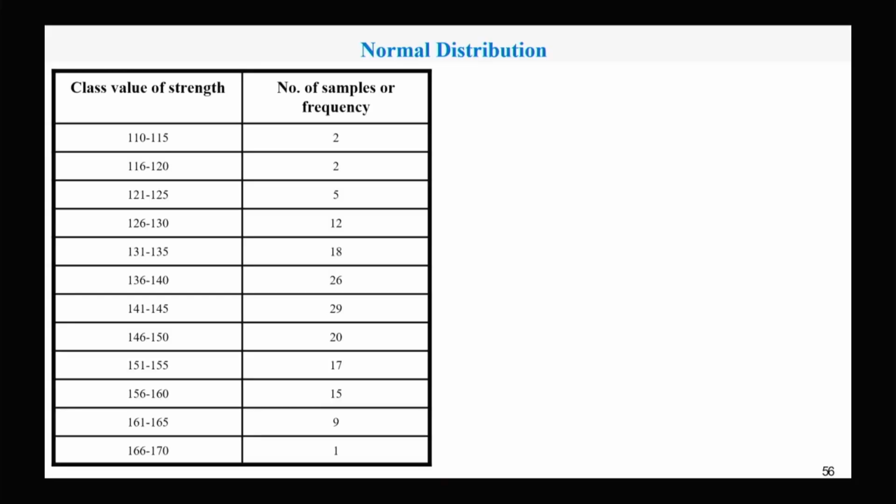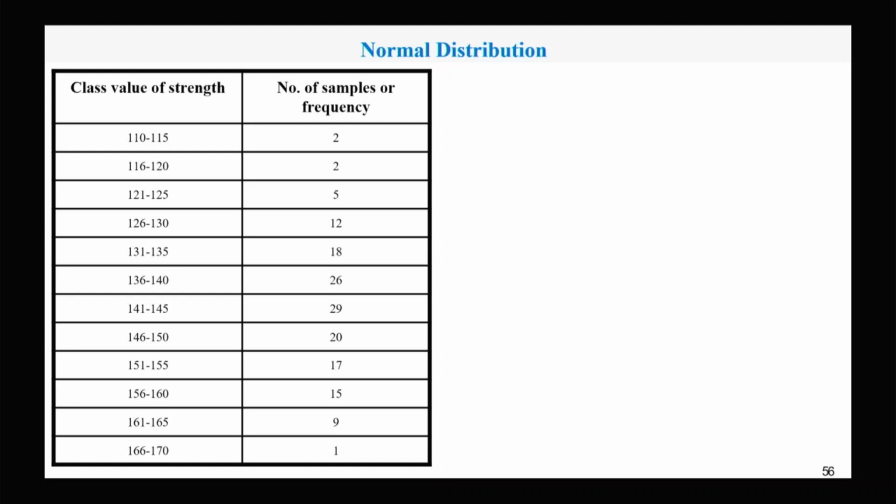So if you see the data, when we obtain the test data, we get the particular distribution. There are different types of distributions available. But in textile material, its variability is very high.